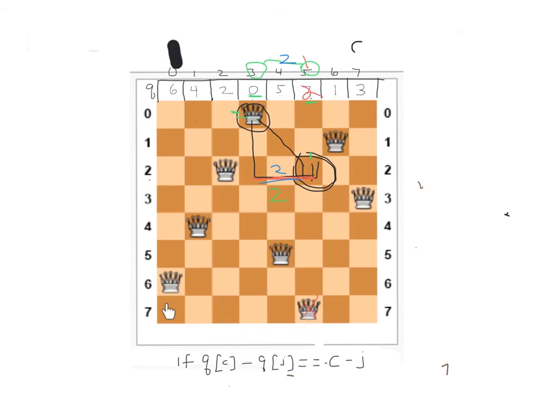Why would that be? Because this would be 6, and that would be a 0. 6 minus 0 is 6. And if this would be a 1, and this would be a 7, then 1 minus 7 is minus 6, but I'm interested again in the absolute value, so that gives me 6. So the 6 would match the 6, and it would be a conflict. That's basically how to do this.